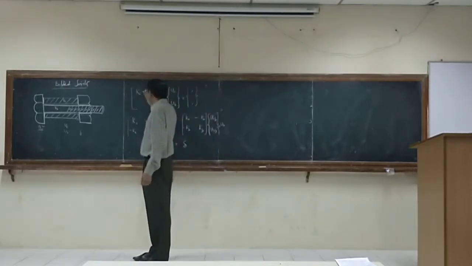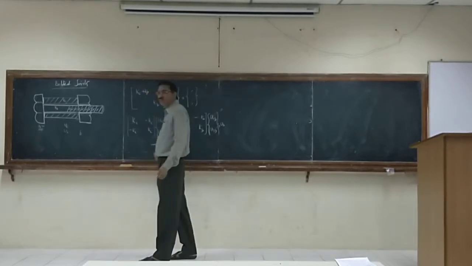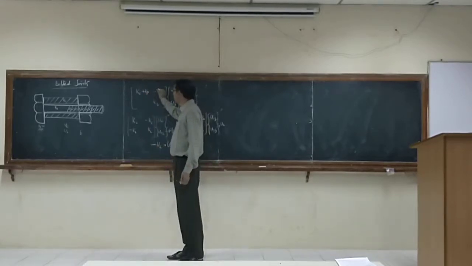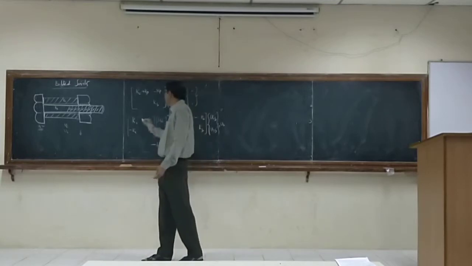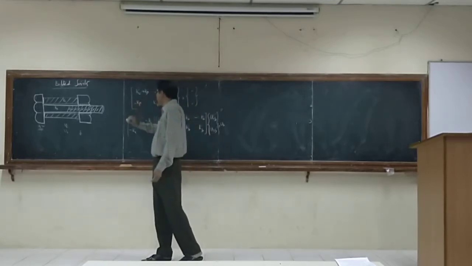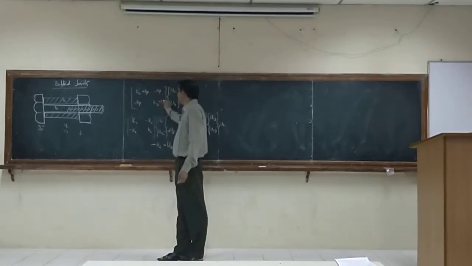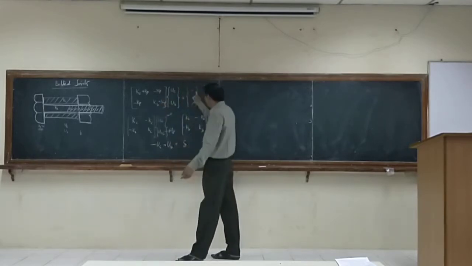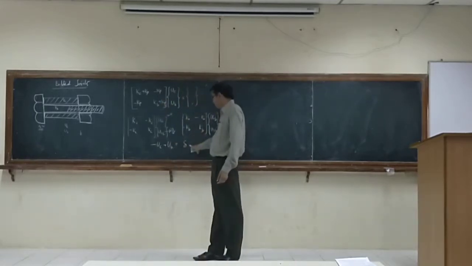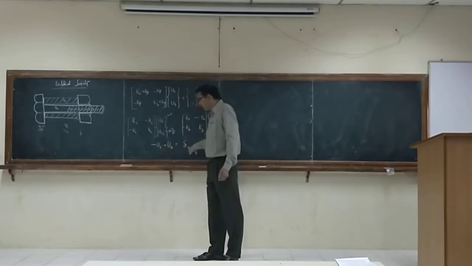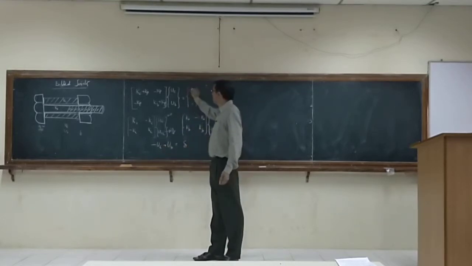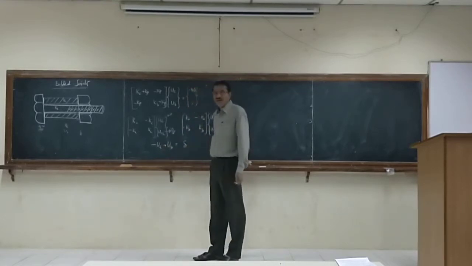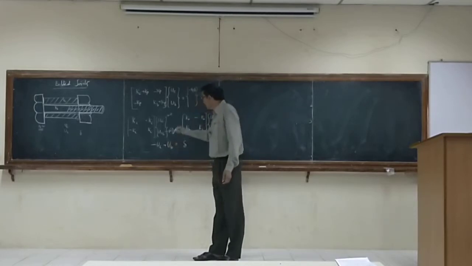Kc plus Kp. Here this is minus Kp. This is minus Kp. This is plus Kp. What do you get here? This is minus Kp delta. Here this is plus Kp delta.